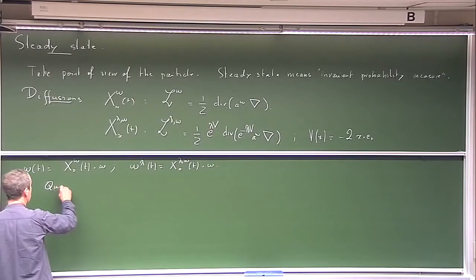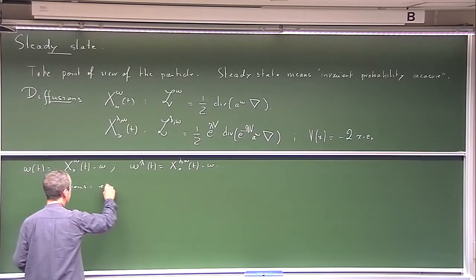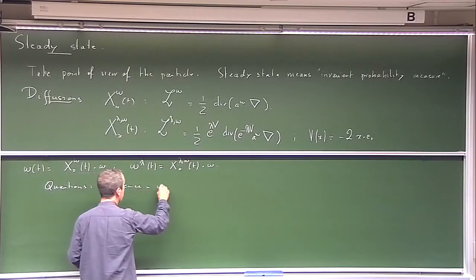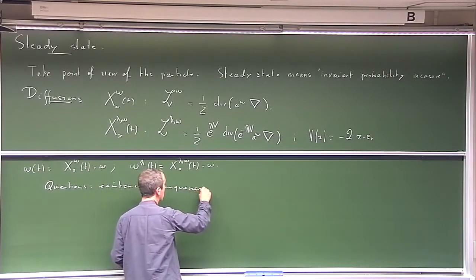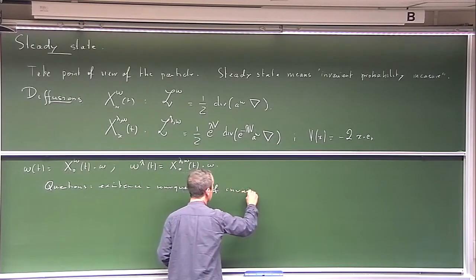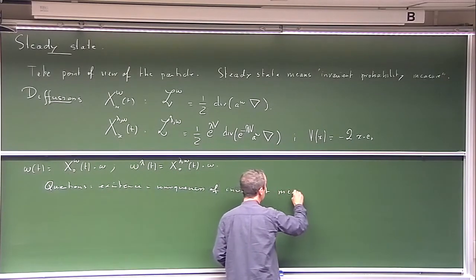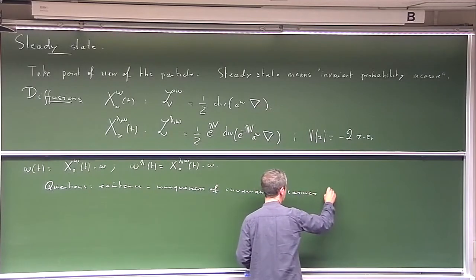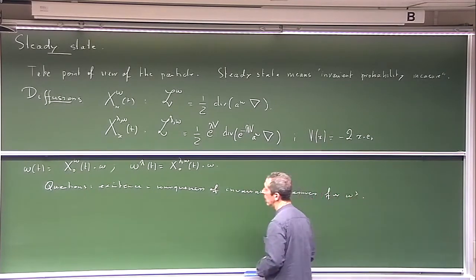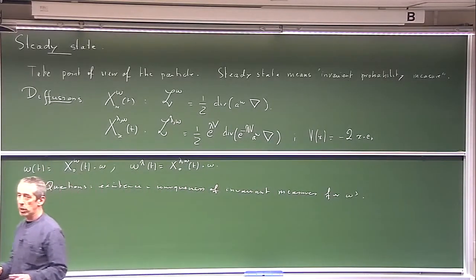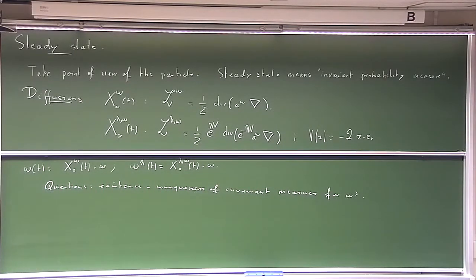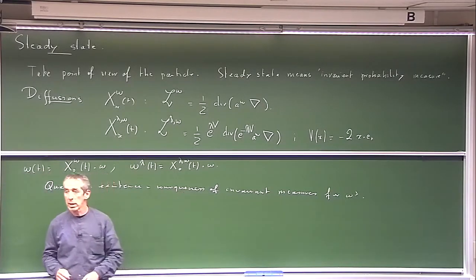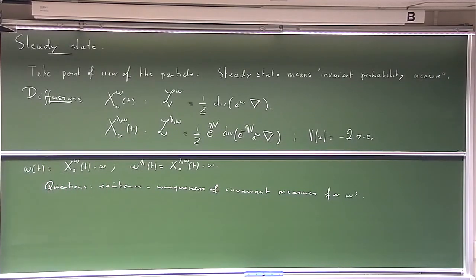So the questions would be existence and uniqueness of invariant measures for ω^λ. Now, none of these questions is completely obvious, but the true problem is not really the existence, it's more the uniqueness. In the next lectures, we will see that there are invariant measures for ω^λ, but the difficulty comes from the point that there are many of them.